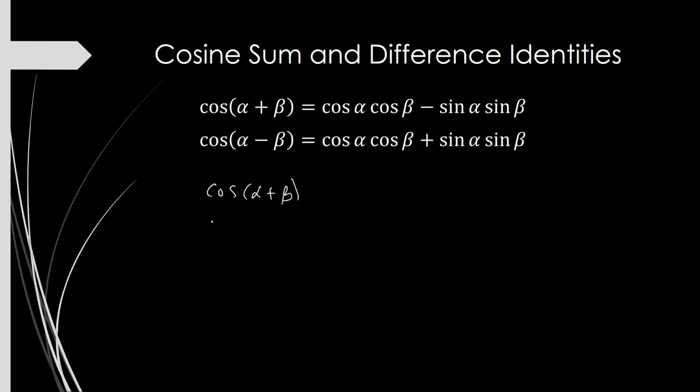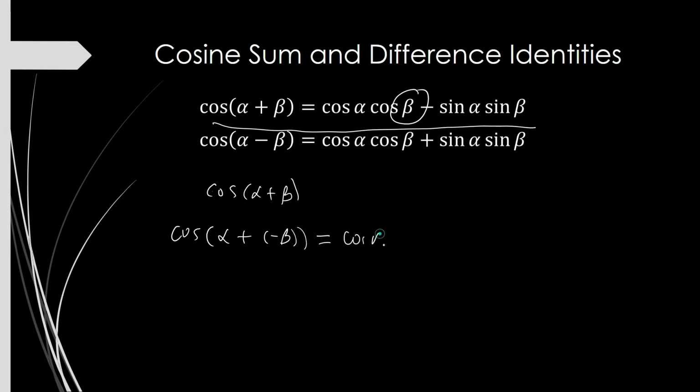And what you do is, if you want to see the identity for the cosine of the difference of two angles, you will apply the same identity, except that you will replace beta with negative beta.